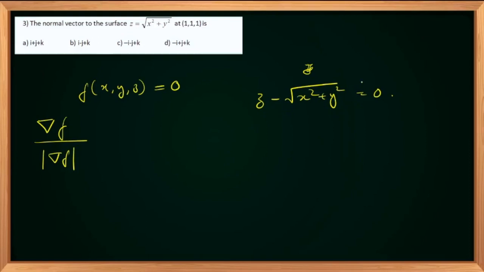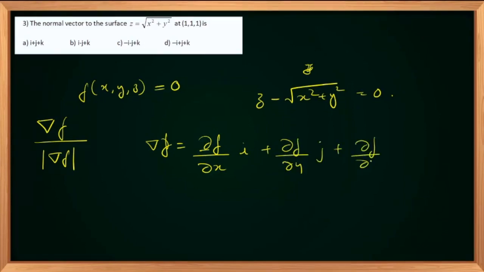So if you find del f, what is del f? Del f is equal to dou f by dou x i vector plus dou f by dou y j vector plus dou f by dou z k vector. This is del f, right?